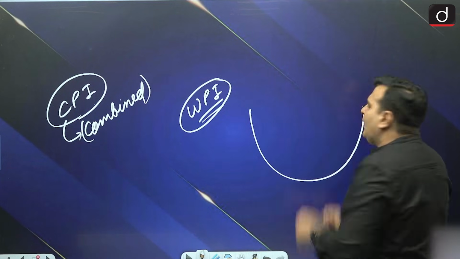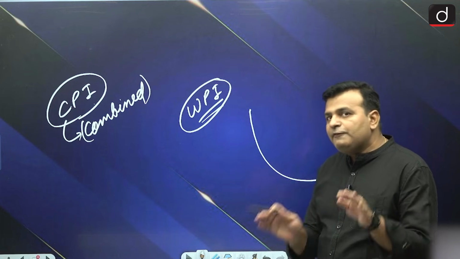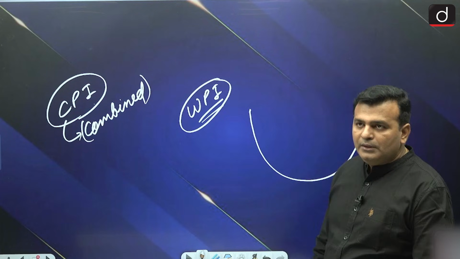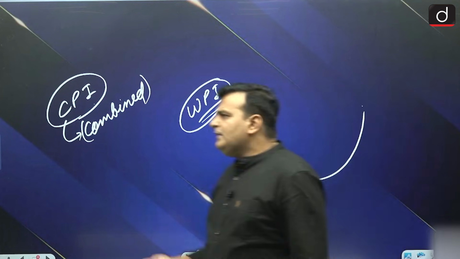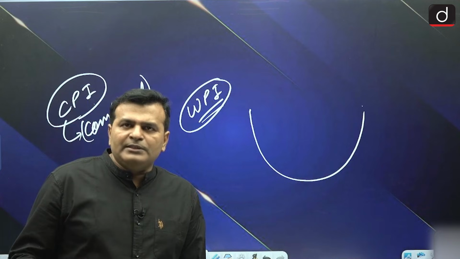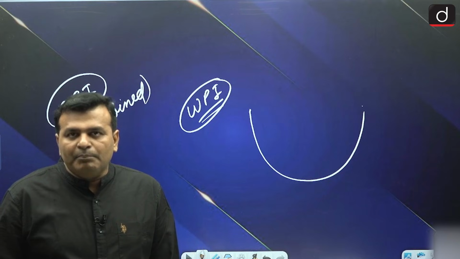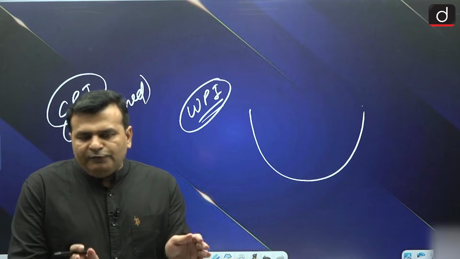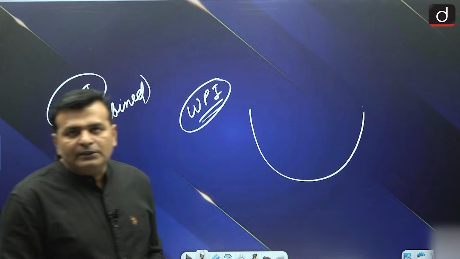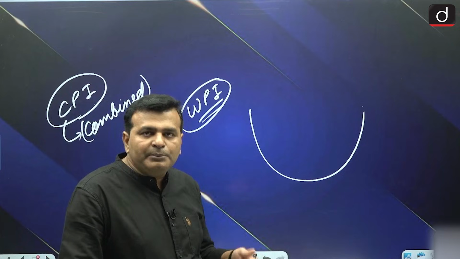Now the number of items in the basket remain fixed until and unless the basket is modified. There is a convention in India that the basket is modified only after a gap of 5 years, but not later than 10 years. But if a basket is used in order to calculate inflation, it will always have a limitation. And the limitation is what?